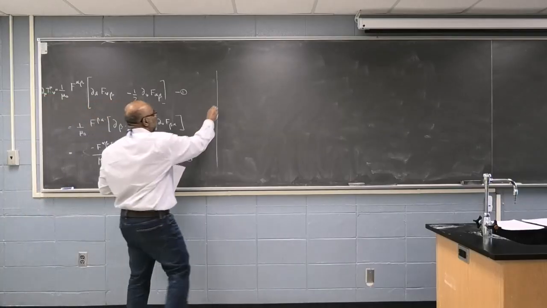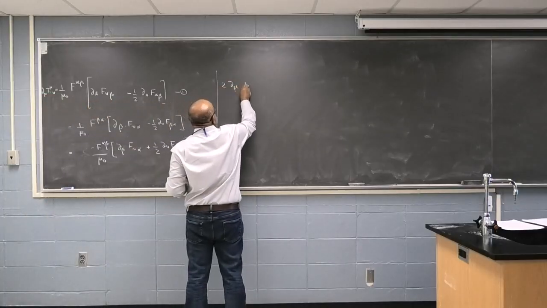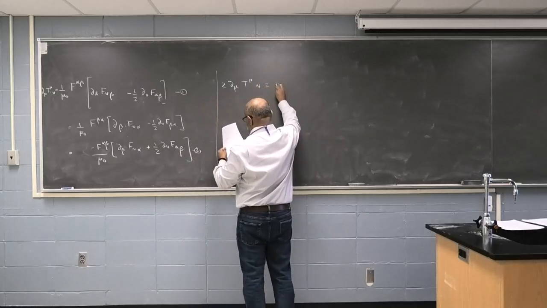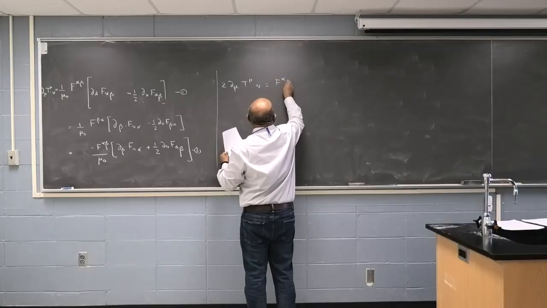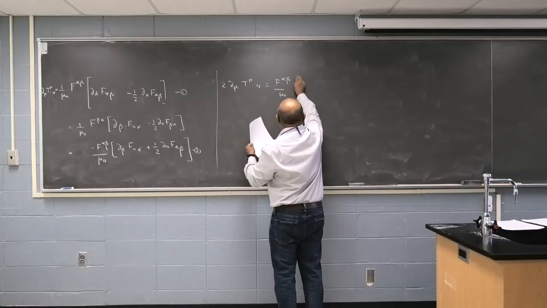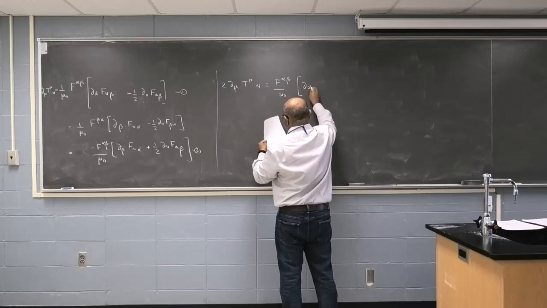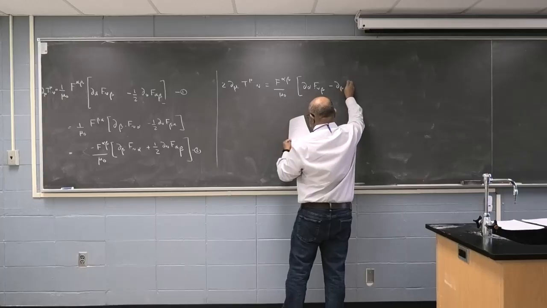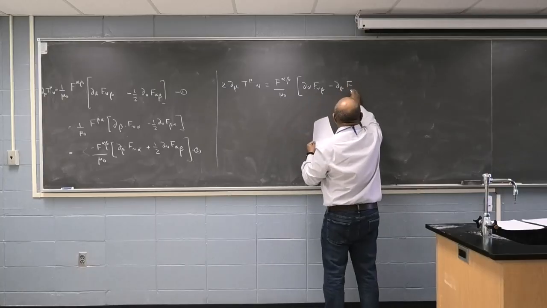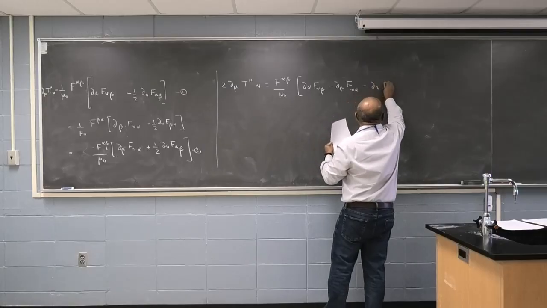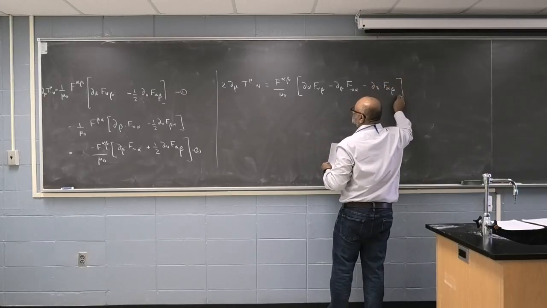So I'm going to do 2 times d mu, t mu equals, well, I'm going to write it as f alpha beta over mu, f nu beta minus f beta nu alpha minus d nu f alpha beta.